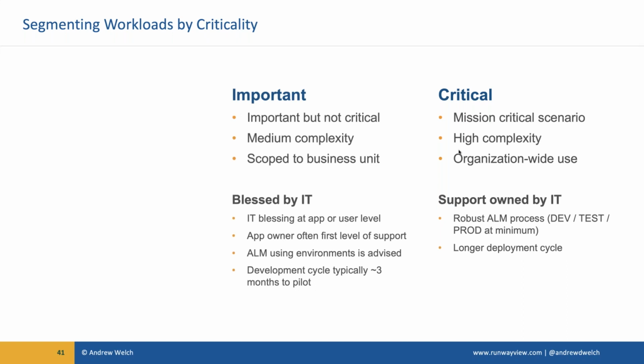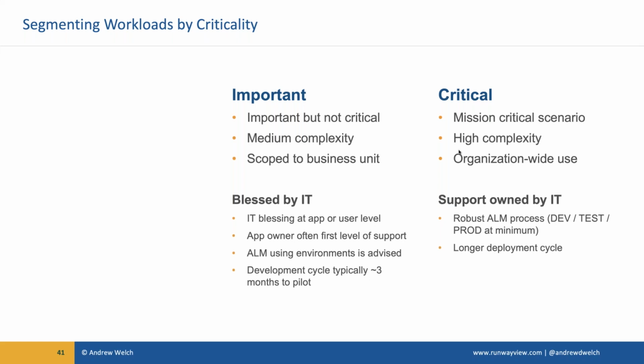Next, we've got important. So they kind of move down the criticality spectrum. Oftentimes they're scoped to a business unit, so they might not be used organization-wide, but they're used very heavily by, say, one or a couple of business units. In general, we recommend that these at the very least be blessed by IT, right?